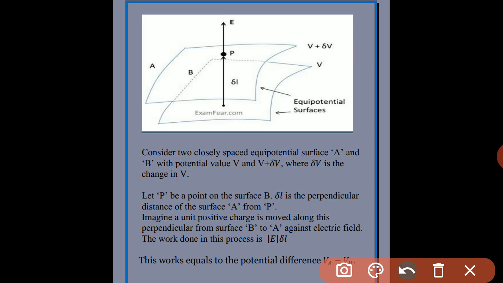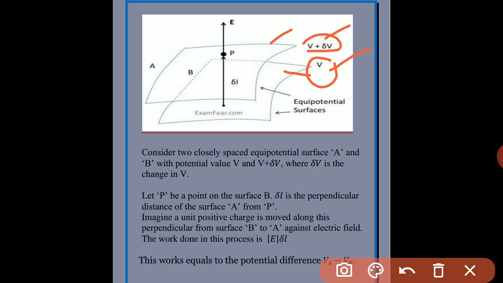Now imagine we have two equipotential surfaces, one is surface A and one is surface B. Surface A has the potential value V plus delta V, and surface B has the value V, right? Now the potential value of your surface B is V, and the potential value of your surface A is V plus delta V.